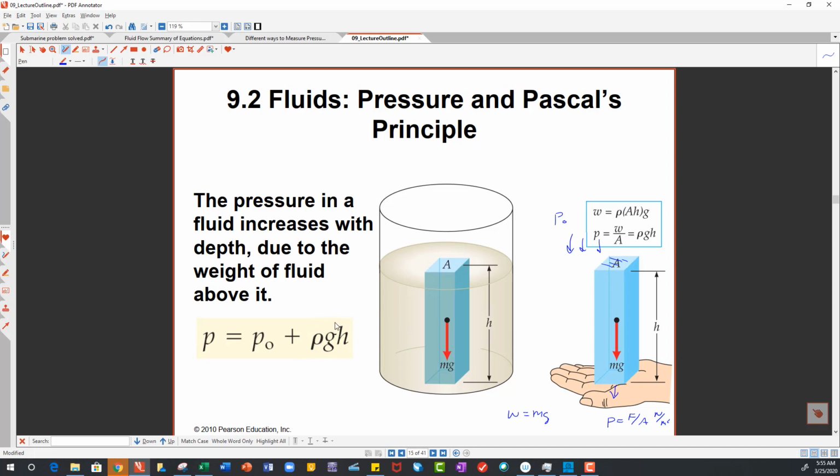And the weight of the water is given by rho, the density of the water, times g, which is gravity, times h, which is the height of the column. So essentially, area times h is the volume, and then the density is the mass per volume. So this is another way of stating basically weight equals mg, but the only difference is the mass, we can't consider it a point mass, so we have to use this equation here. So that's where this equation comes from.